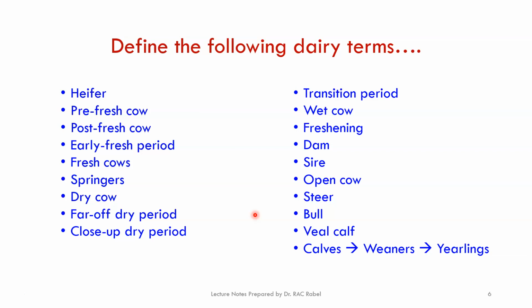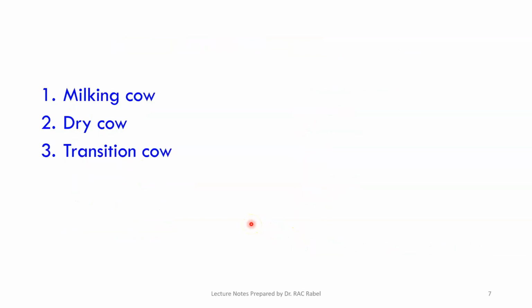If I ask you to list 5 clinical conditions in fresh cows or in transition cows, I'm expecting you to list clinical conditions specifically in fresh cows. If you just tell me 5 diseases in cows, you won't get marks. So you need to know what is meant by each of these terms.